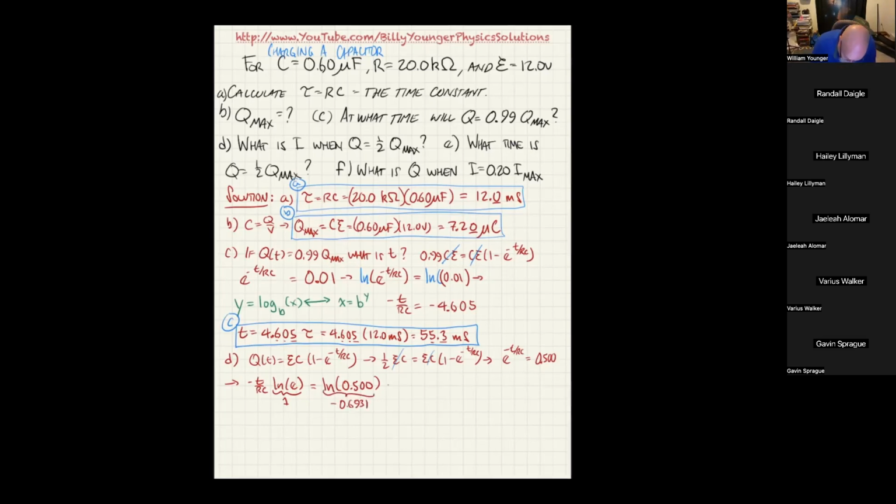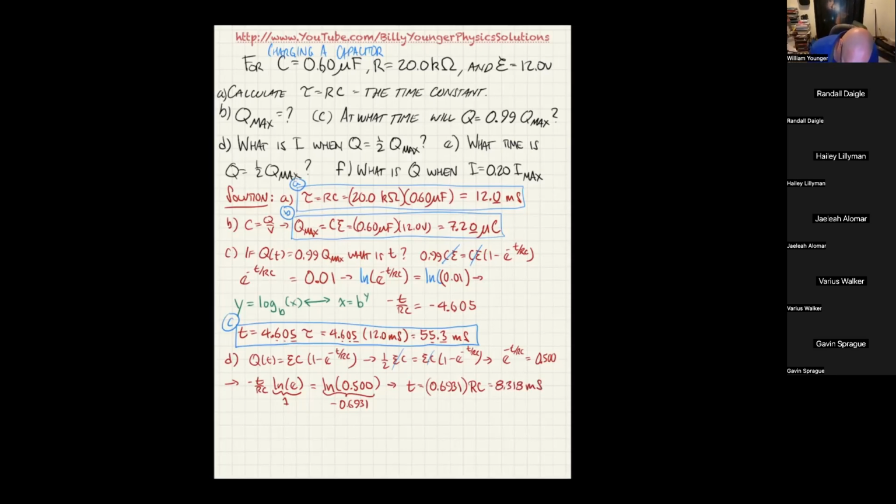This actually implies ultimately that t is equal to 0.6931 times RC, which means basically 0.693, or about 70% of a time constant, but RC is 12, so I'm going to say times 12, and that gives me 8.318 milliseconds.